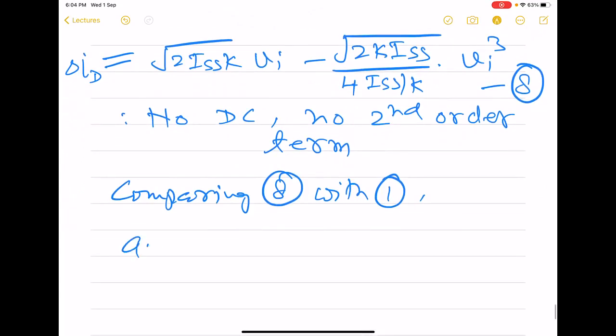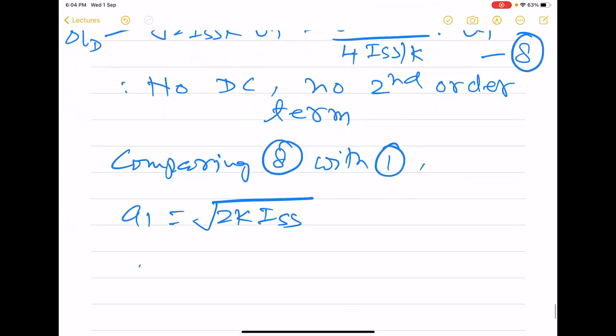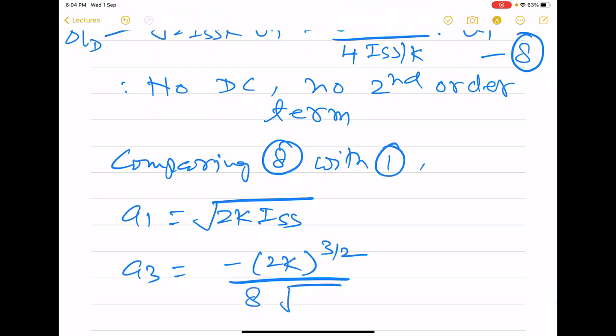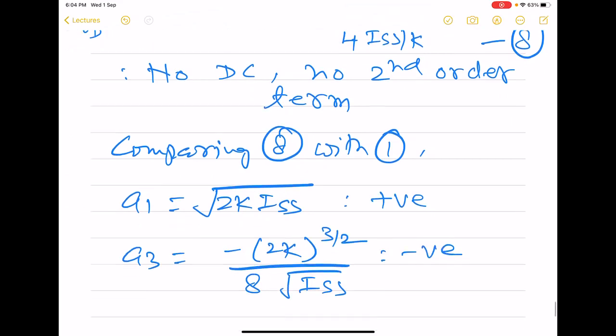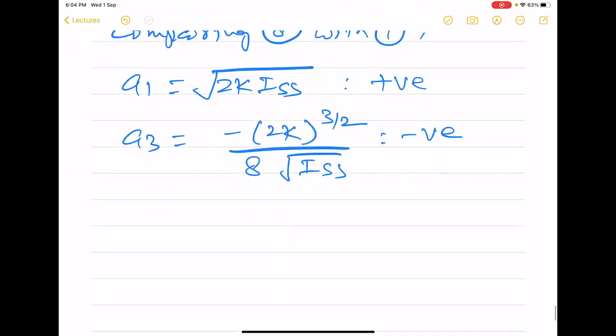So to get A1 as square root of 2K ISS and A3 as minus 2K raised to the power 3 by 2 divided by 8 square root of ISS. So here we see that this is positive, this is negative, that means they are of opposite sign.